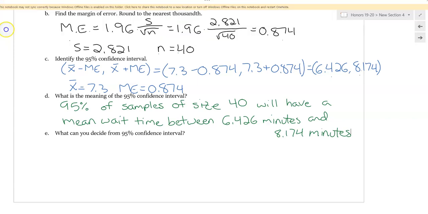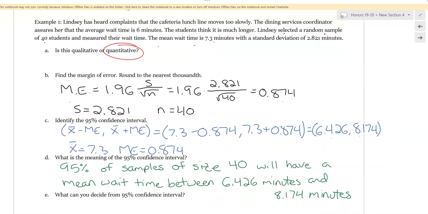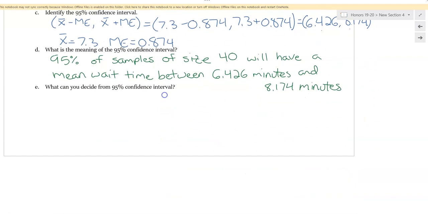So what can we decide? Our dining services coordinator said that the average wait time is 6 minutes. Less than 5% of our samples would have a wait time of 6 minutes, so it seems unlikely that that is actually true.